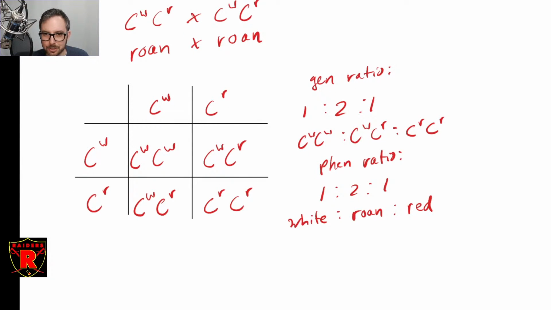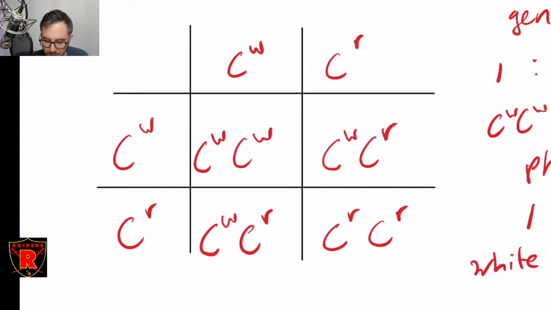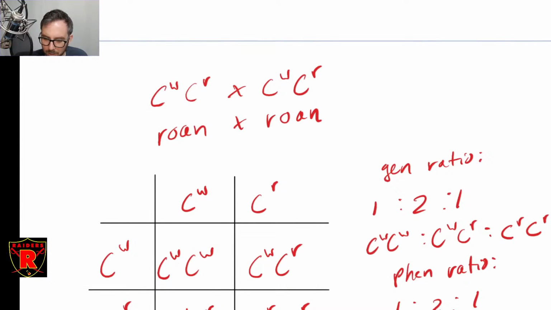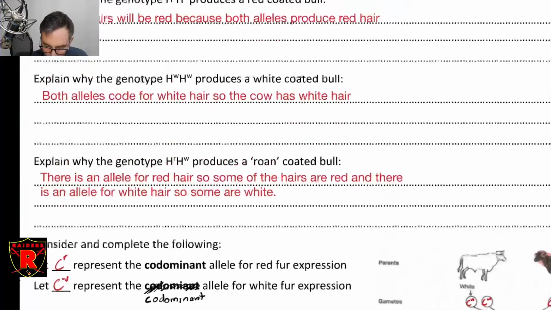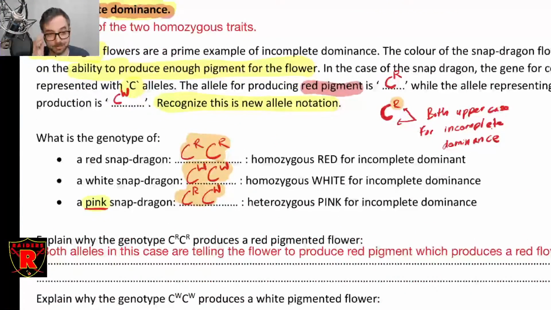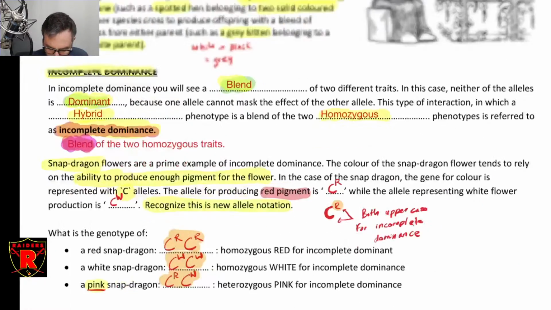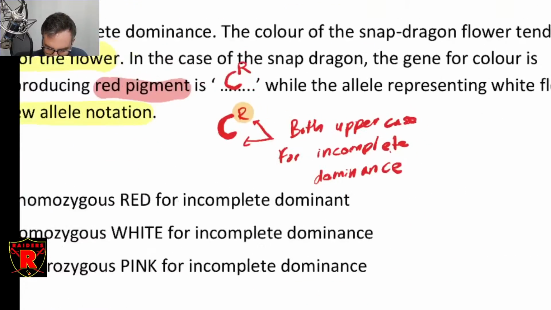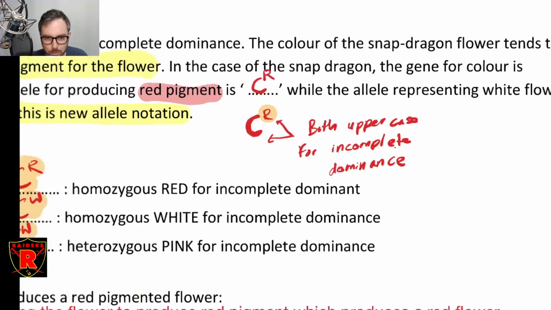how do you guys feel about this in general here? The problem solving is exactly the same. We're just changing the way that we're writing the nomenclature for how we list these. And there's two additional ones that you need to know. So there's one for incomplete dominance. Remember that's capital letters for the subscript and superscript.